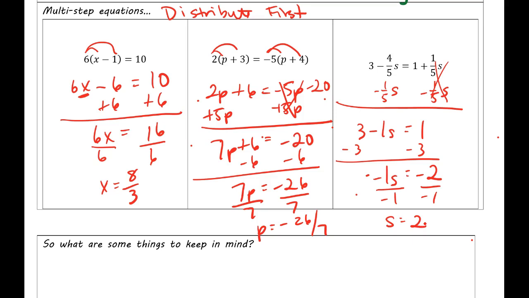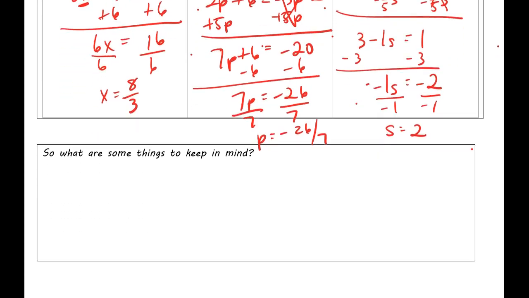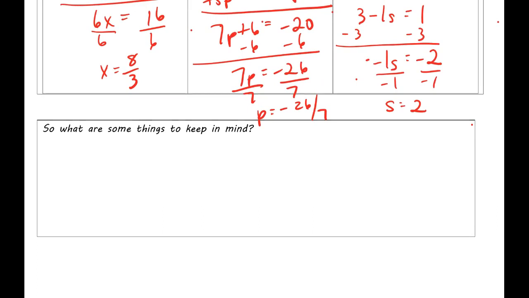Now, this last box here is just for you. It's like, what are some things to keep in mind? Well, this is for you. Whatever you thought was interesting, go ahead and make a note of it. If you liked that reciprocal trick, write down reciprocal trick. If you think you might forget to distribute or what distribute means, write down what distribute means.